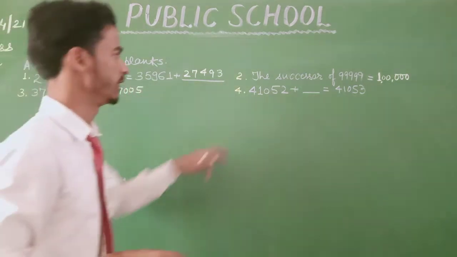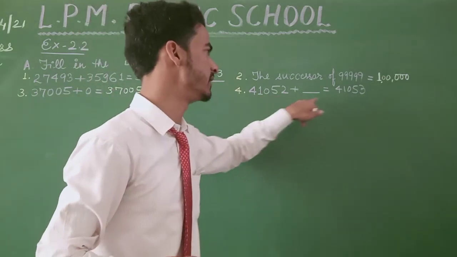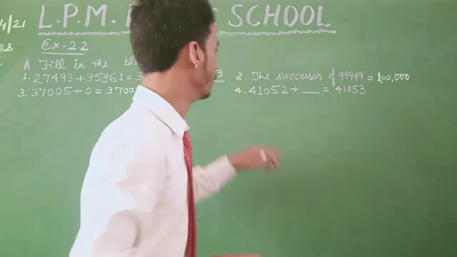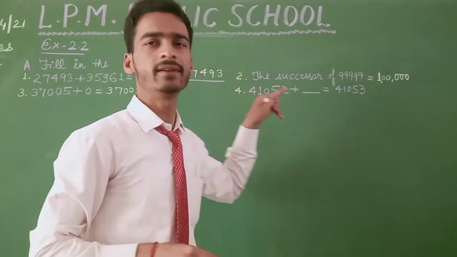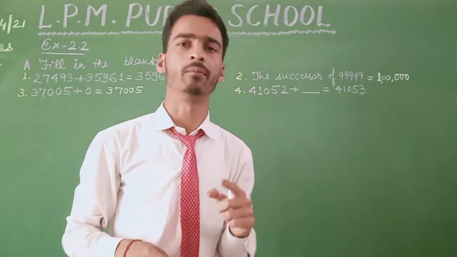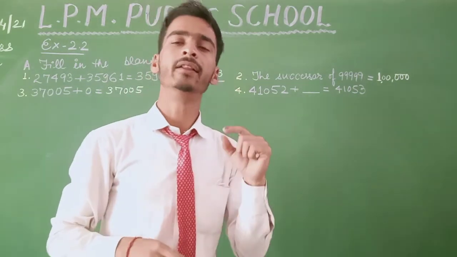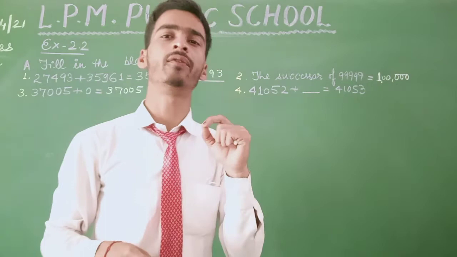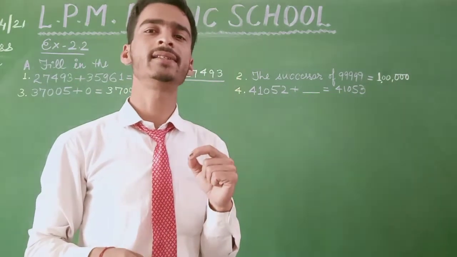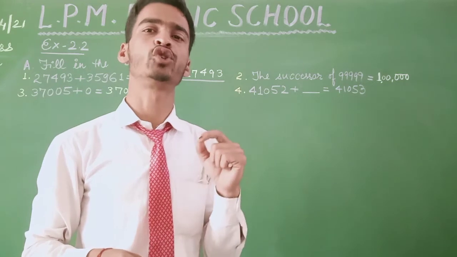And the next question is 41,052 plus blank is equal to 41,053. We know that when we find the successor of any number, we have to add 1 to it. The number that comes just after a number is called its successor.